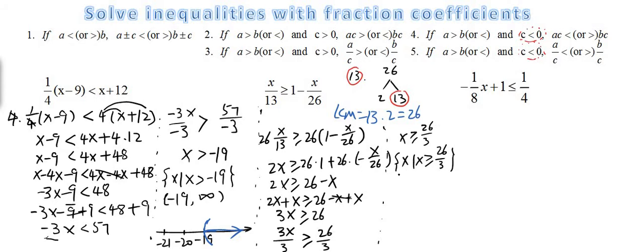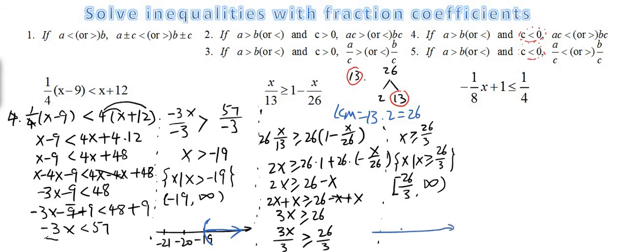Or you can write it down as interval notation. For the interval notation, you need to be careful because here we have an equal sign, so we're gonna use a square bracket. It should be 26/3 to infinity. And now you can draw the graph.